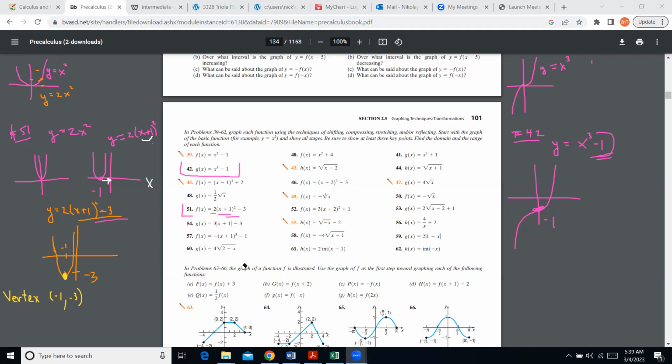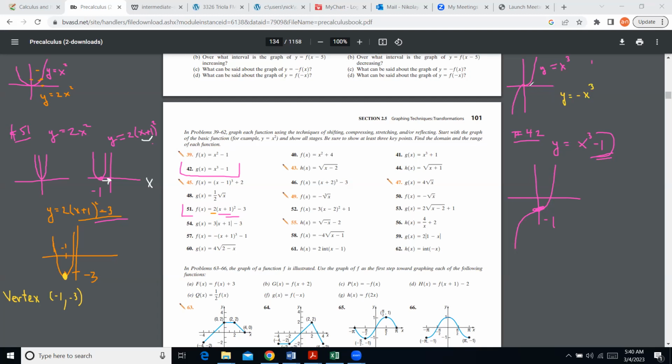So if I add, I bring the graph upwards, and if I subtract, then I bring the graph downwards.